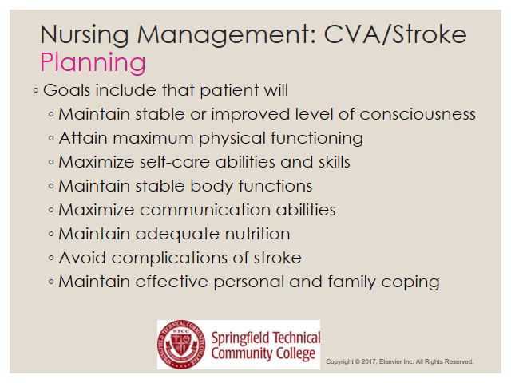So some example goals are: the patient will maintain stable or improved level of consciousness, attain maximum physical functioning, maximize self-care abilities and skills, maintain stable body functions, maximize their communication abilities, maintain adequate nutrition, avoid complications of a stroke, and maintain effective personal and family coping.